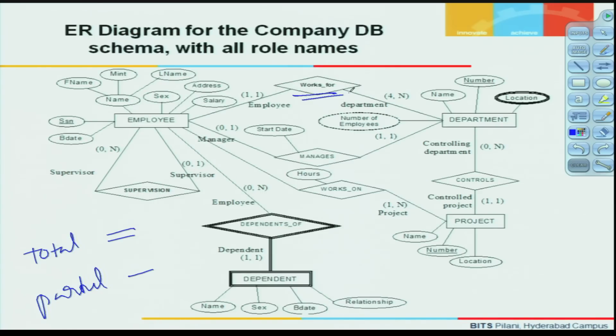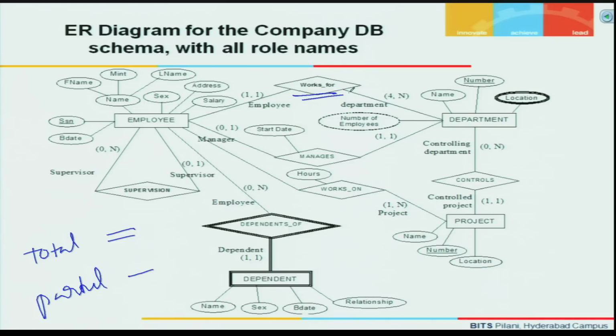The company rule says that every employee must work with at least one department, maximum one department. So every employee instance has an association with at least one, maximum one instance of department type. So this needs to be a double line. So I can say that the participation of the employee entity type in this relationship called works for is total.